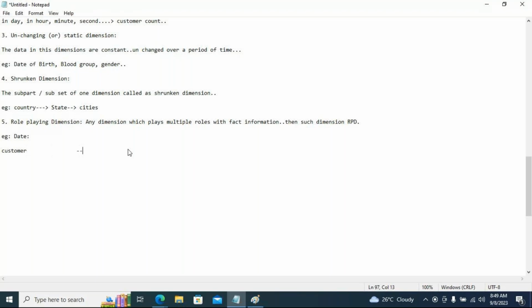Customer ordered a product. So the quantity, the sale amount, let's take 1000. He ordered one product with the 1000. That 1000, that is fact information, travels throughout all the dimensions. How?